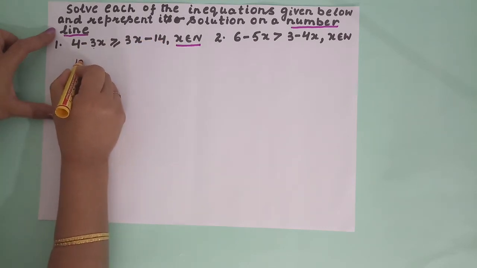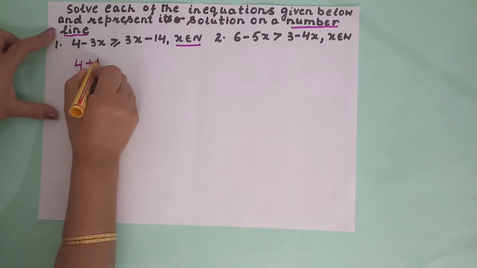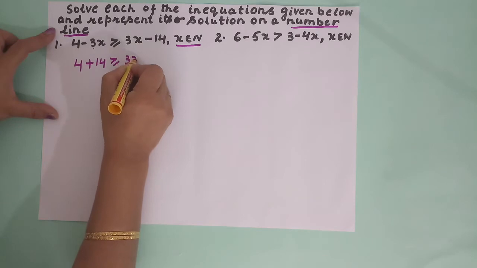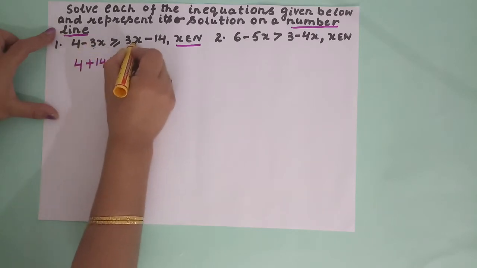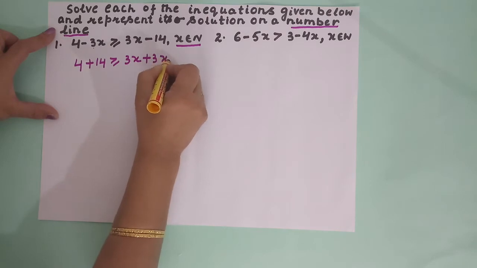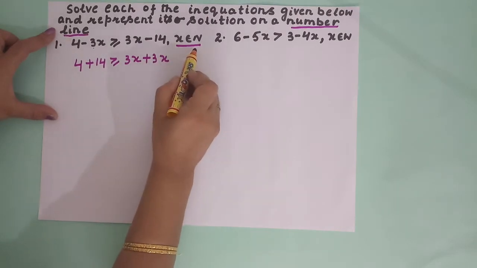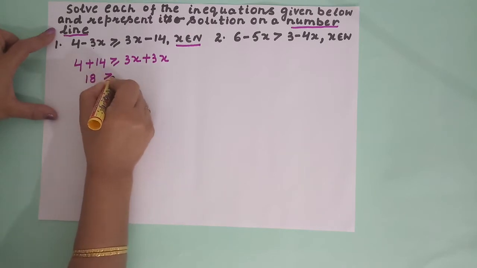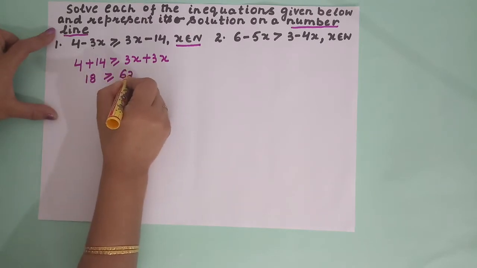So this makes it 4 plus 14 is greater or equal to 3x, and when we shift this to this side, this will become plus 3x. And x belongs to natural numbers. So this becomes 18 is greater or equal to 6x.